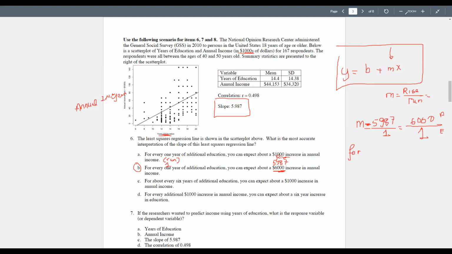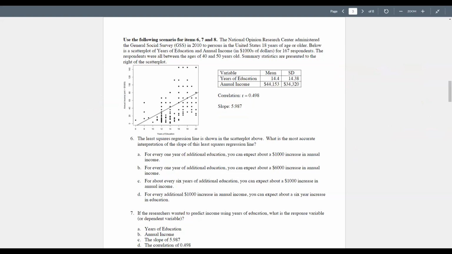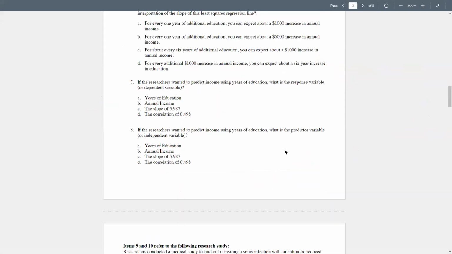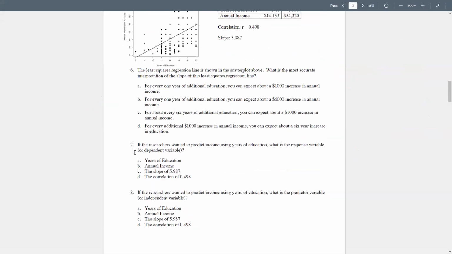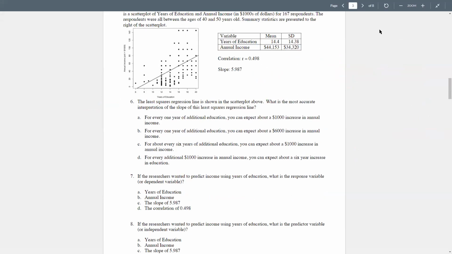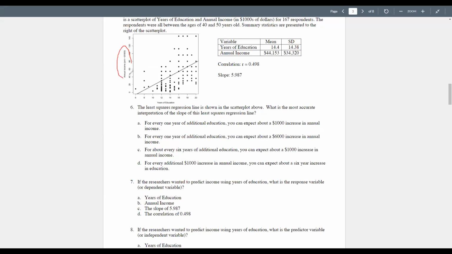Okay, now this one says, let me clear that. Okay, all of this. This one is saying, if the researcher wanted to predict income using years of education, what is the response variable or dependent variable? Look at this. I just put it earlier, I just deleted it. Let me just put it here. Here is the y.